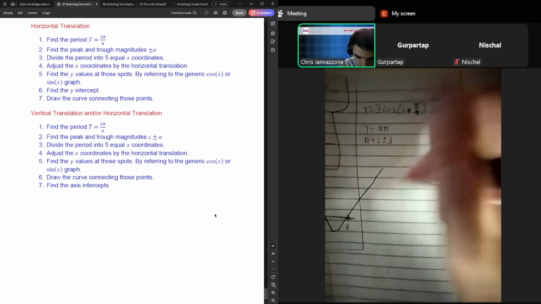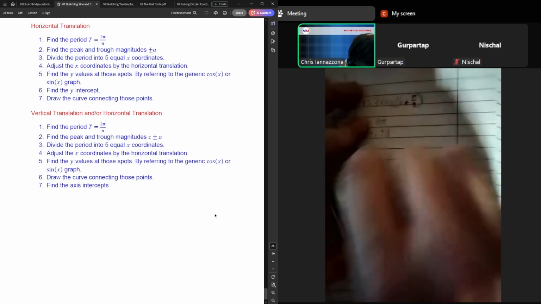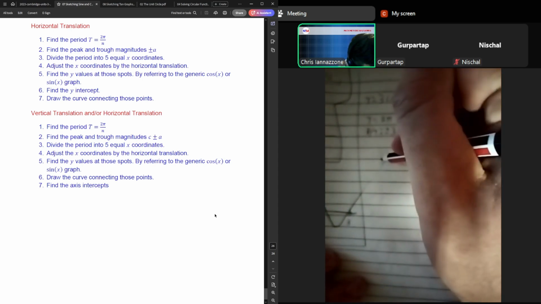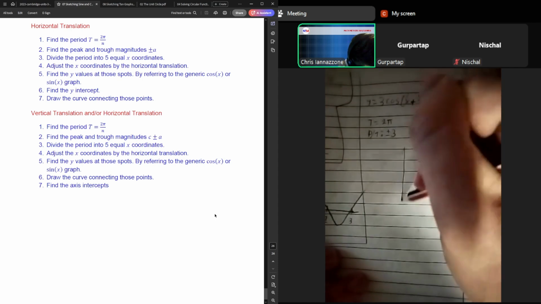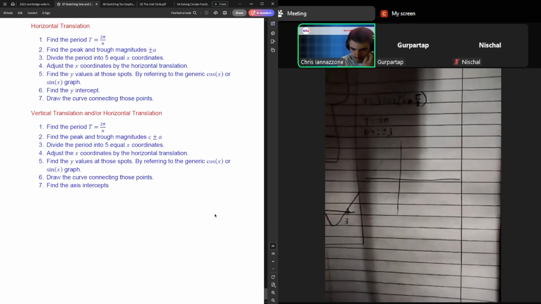So let's draw this a bit lower. In fact, let's erase it. Okay. So we'll draw our axes. How do we do that?